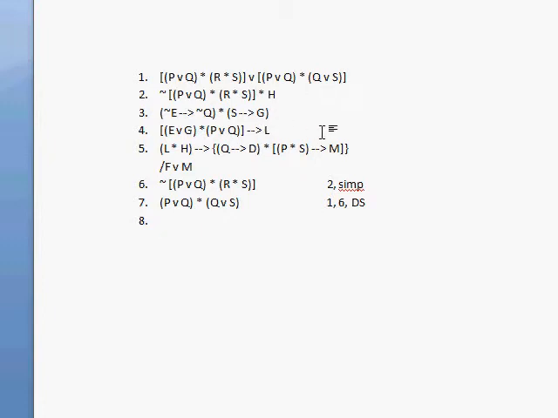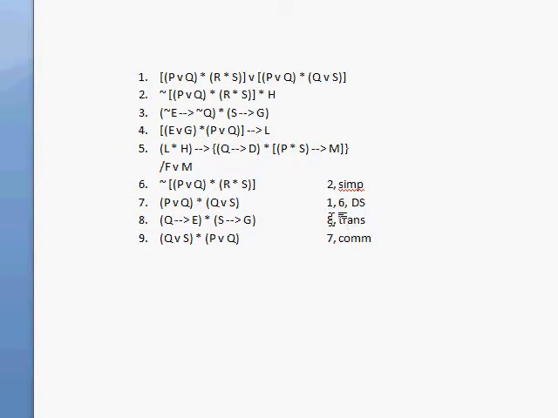With my premise 3, I'm going to get Q, then E, and S, then G, and I get this through 8 transposition. And now that I have this, I just need to get Q or S. So Q or S is my right conjunct in premise 7. So I need to do commutative Q or S and P or Q, and I get this through 7 commutative.